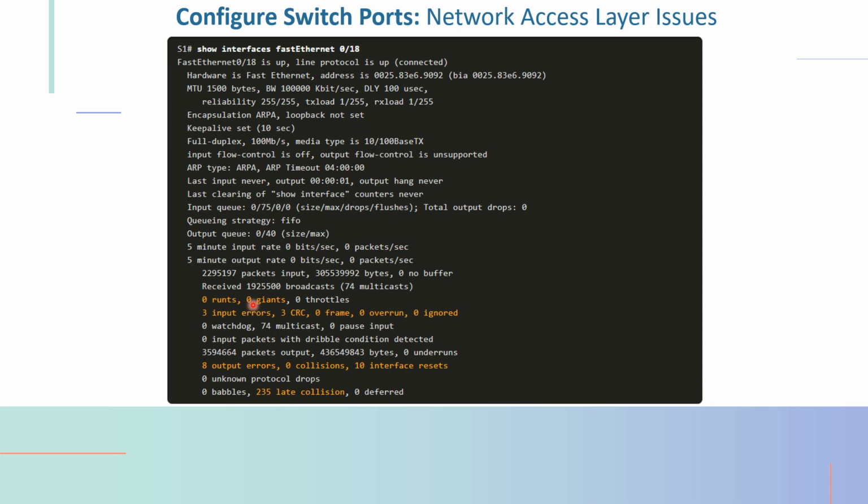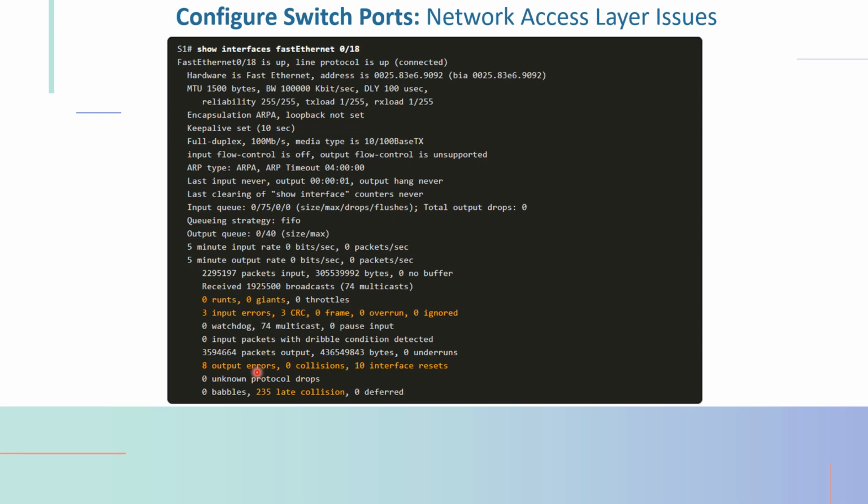We have the cyclic redundancy check, which are errors generated when the calculated checksum is not the same as the checksum received. We have even output errors, which is the sum of all errors that prevented the final transmission of datagrams out of the interface that is being examined.